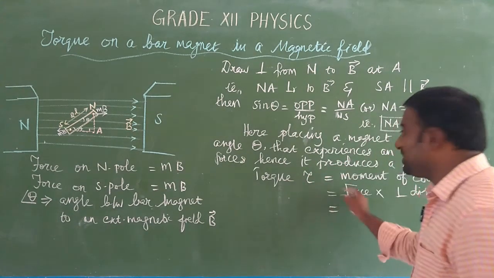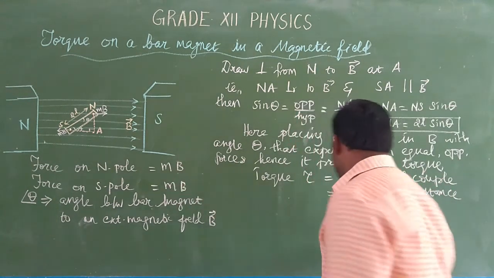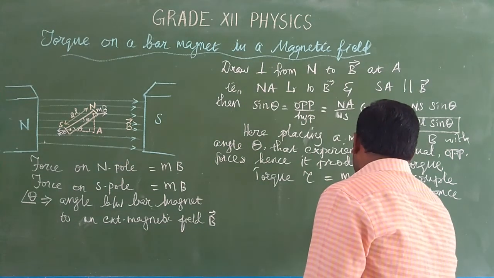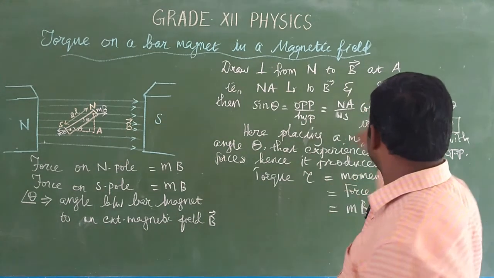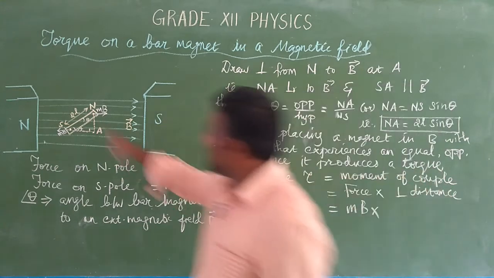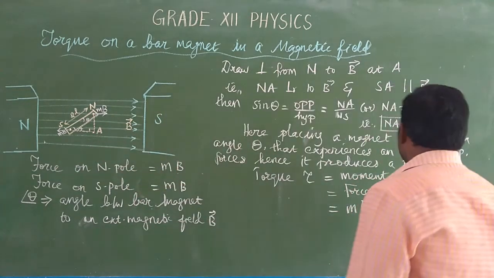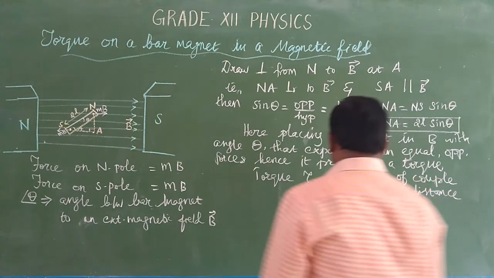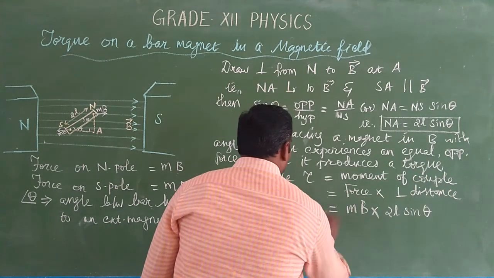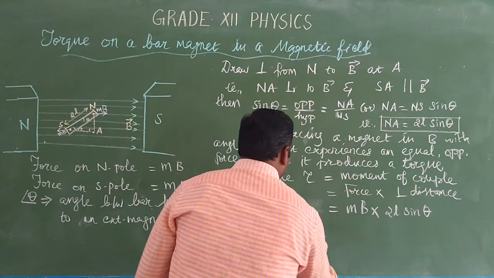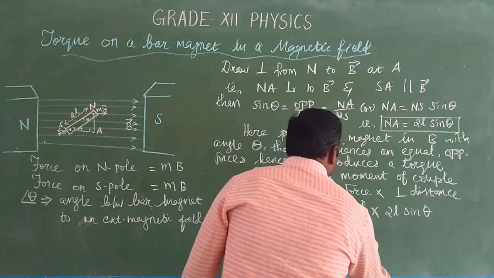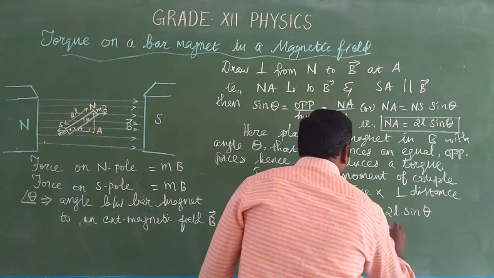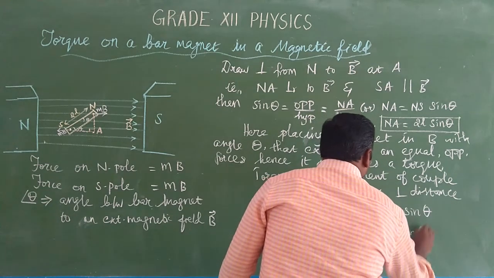What is the force experienced? It is an equal force, mB, multiplied by the perpendicular distance, which is NA, and NA is 2L sin theta. Therefore the torque tau is equal to m into 2L into B sin theta.